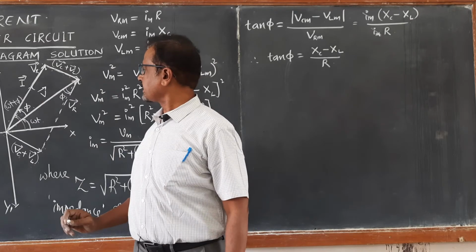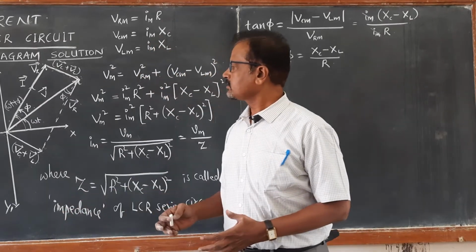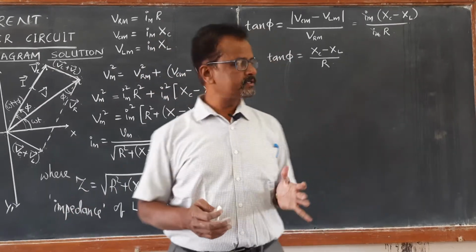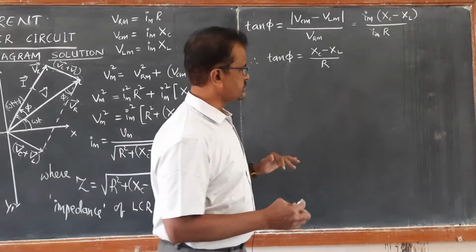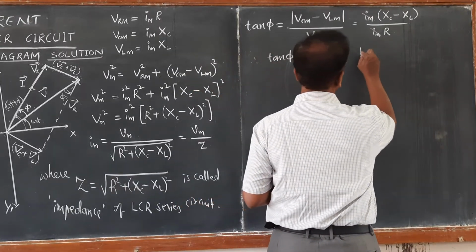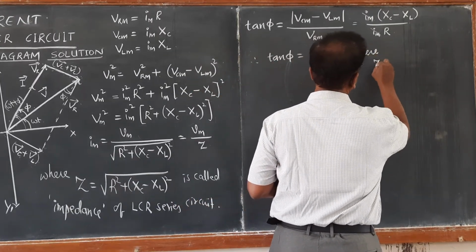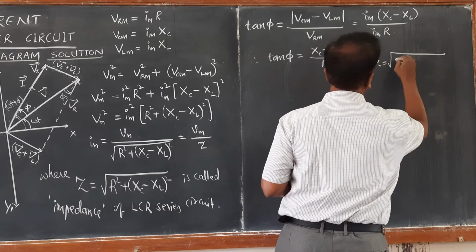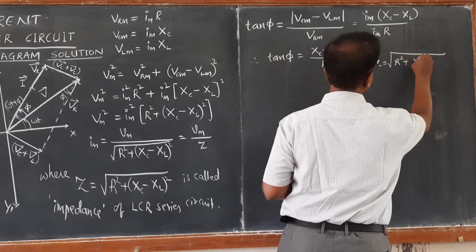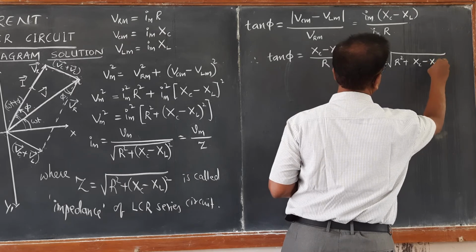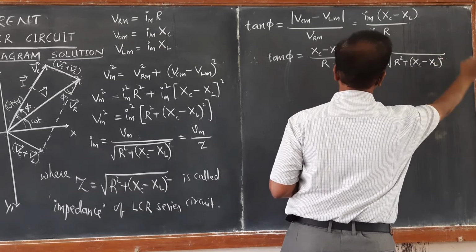The same right angle triangle can be redrawn to remember the equation for impedance. Impedance Z is equal to the square root of R square plus XC minus XL whole square.